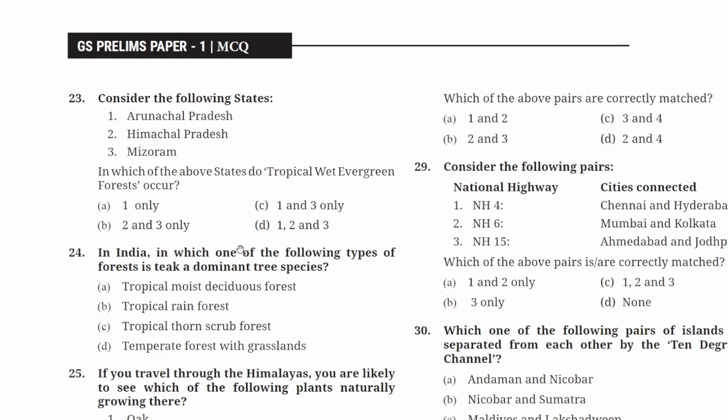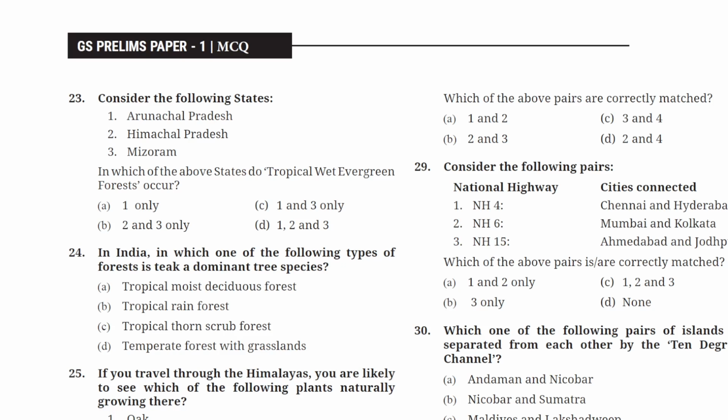Question number 23. Arunachal Pradesh, Himachal Pradesh, Mizoram. In which of the above states are tropical wet evergreen forests found? So these are found in Arunachal Pradesh and Mizoram, but not Himachal Pradesh. Tropical wet evergreen forests in India are usually found in areas receiving more than 200 centimeters of rainfall and having a temperature of 15 to 30 degrees Celsius.